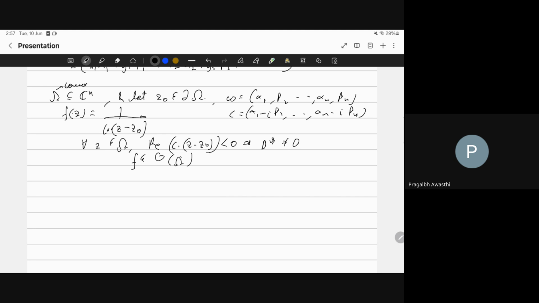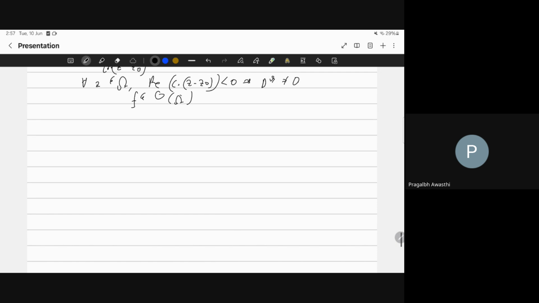The next notion that I would like to define is the convex hull. Let K be a subset of Cn.